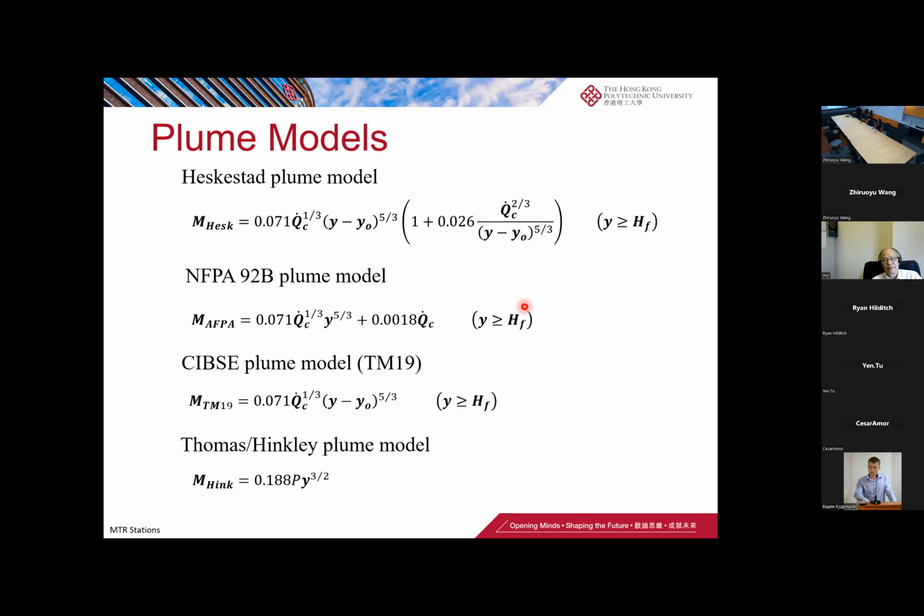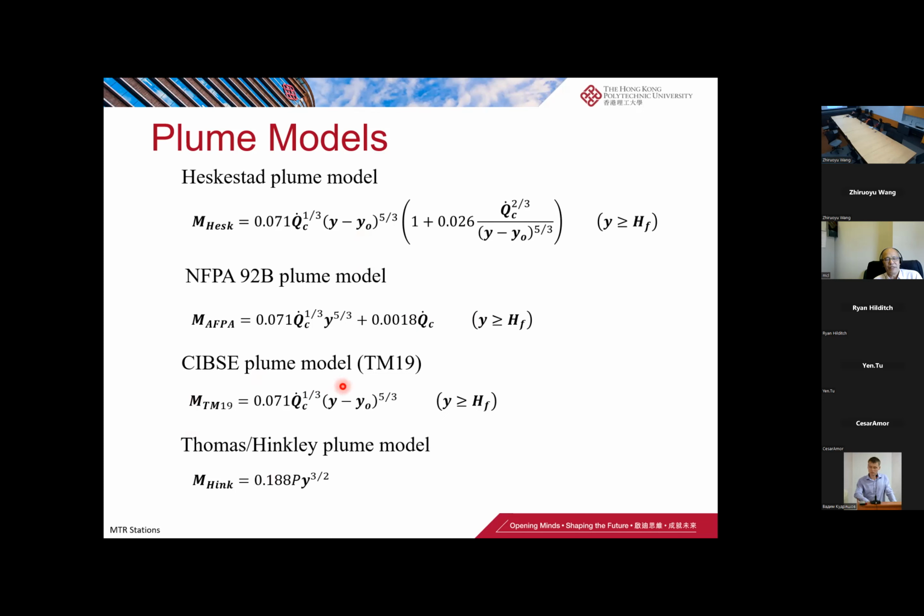The reason NFPA gave at that time is that the virtual origin is normally very small and only applicable to plume fires, but for real fires in buildings it is not very important. But actually, this is not true. Later, we can see the difference because of the influence of the virtual origin.